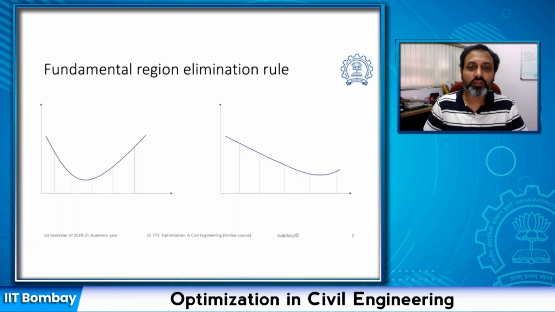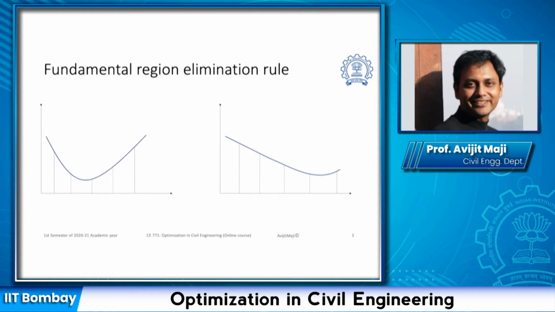So today we are going to discuss a few such methods which are also known as region elimination methods. In total, we'll be discussing four such methods. Today we will discuss two, and in the next lecture we'll discuss the other two methods. So let's start with the couple of region elimination methods.